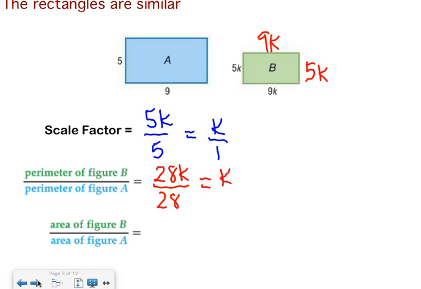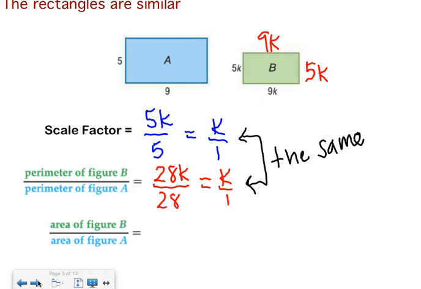K. Do we notice anything? Yeah, these guys are the same. Do you want to write that? Your scale factor and the ratio of your perimeters are the same. So if you have one, you know the other.